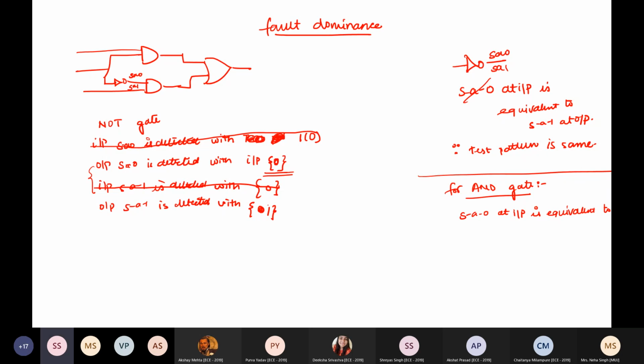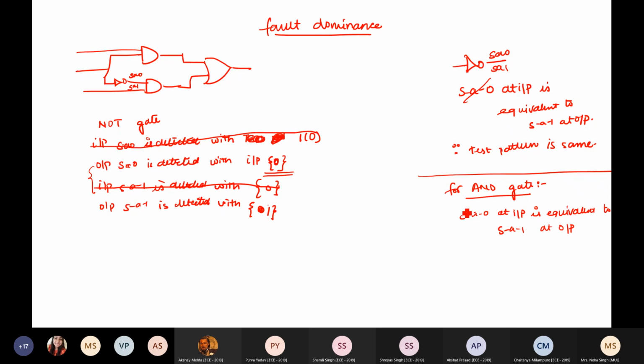Stuck at 1 at input. Okay, the AND gate is opposite. Yes, fine. It is equivalent to stuck at 1 at output.